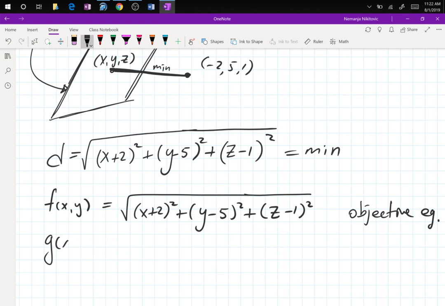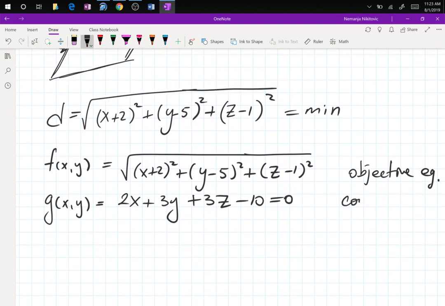And we have g of xyz, which is our equation of the plane. That's the constraint. The point has to be on the plane, hence constraint. So that's 2x plus 3y plus 6z minus 10 equal to 0. Constraint.